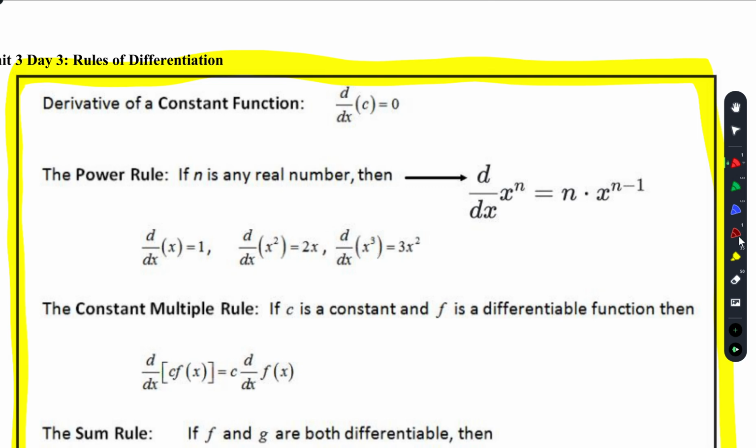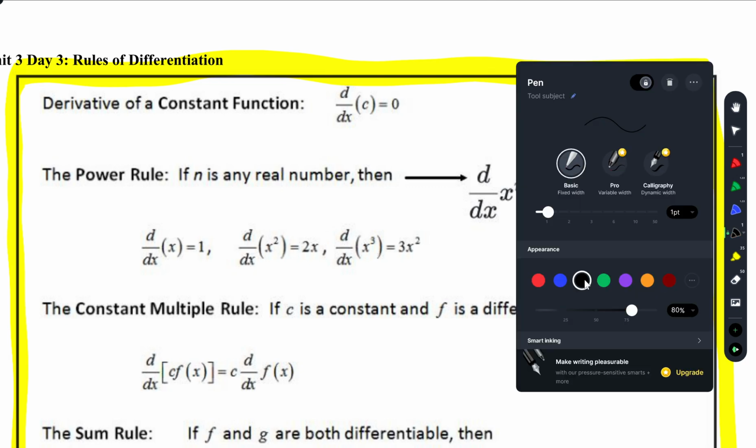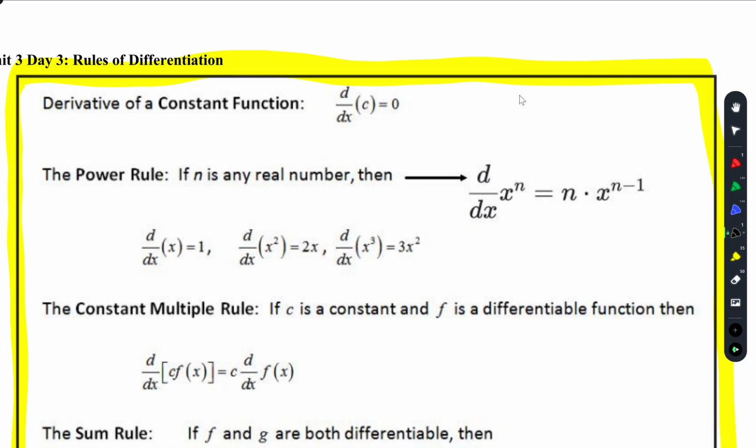Okay, think about what that'll look like. If you have a constant function, so if you have your little graph, and then you graph y equals c, or let's make up a number. How about 3? If you had to take the derivative of just straight up 3, that's the same thing as if I graphed y equals 3.